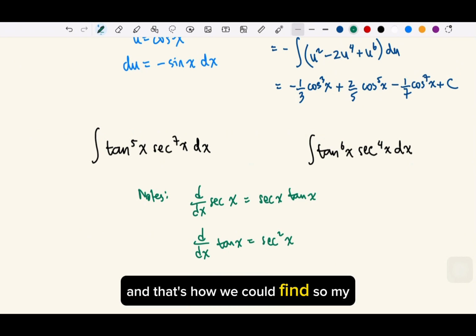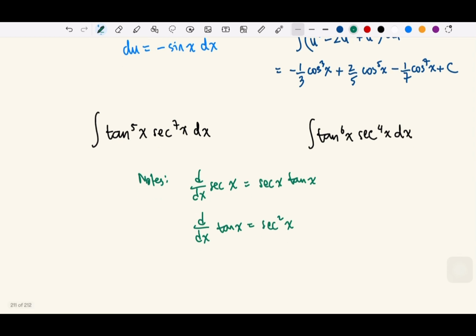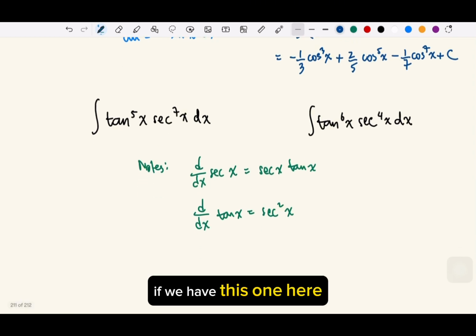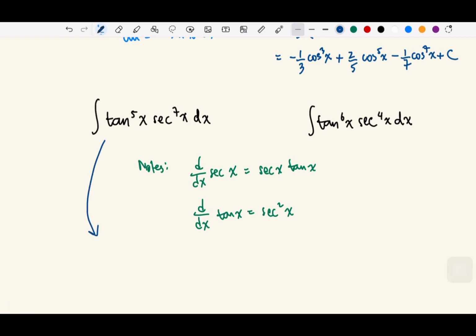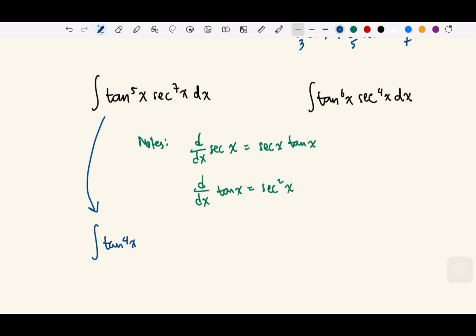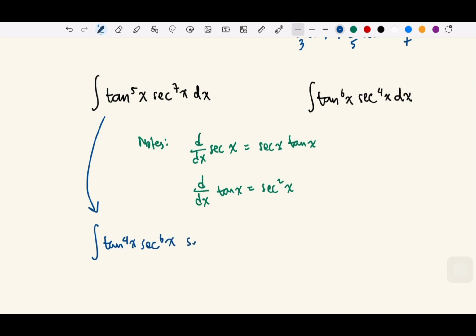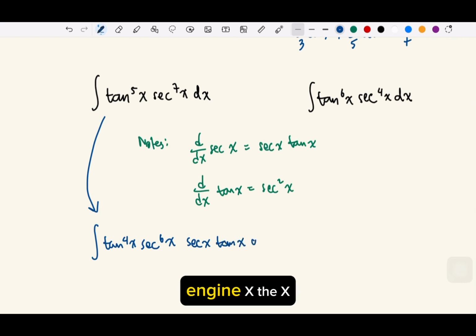So my idea here is, first, if we have this one here, it now has 5 and 7. So if we take this as 4 and this will be 6, I will separate another one, becoming secant x tangent x dx.